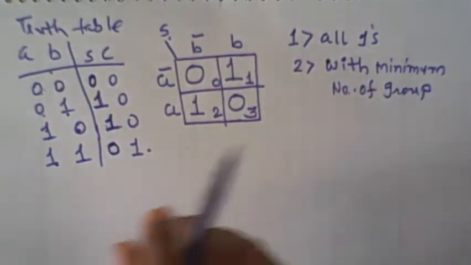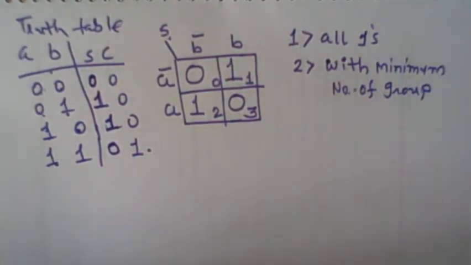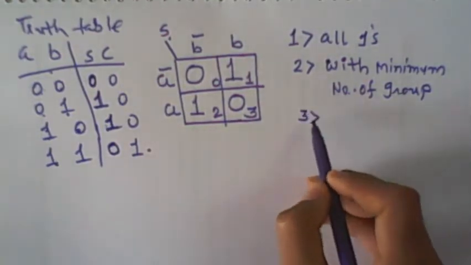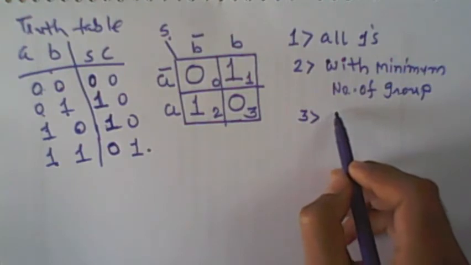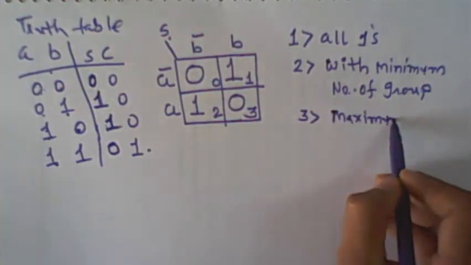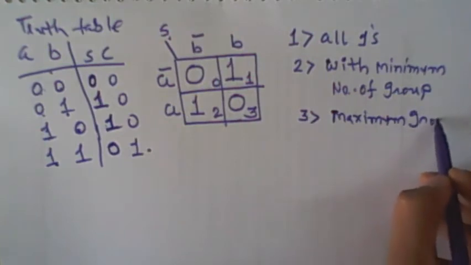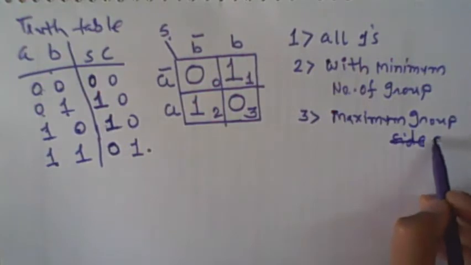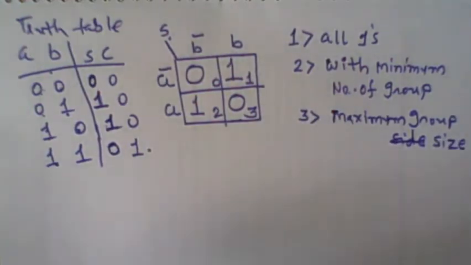So definitely, if you want to cover all the ones with a minimum number of groups, we need the group size to be maximum. So group size should be maximum, right?